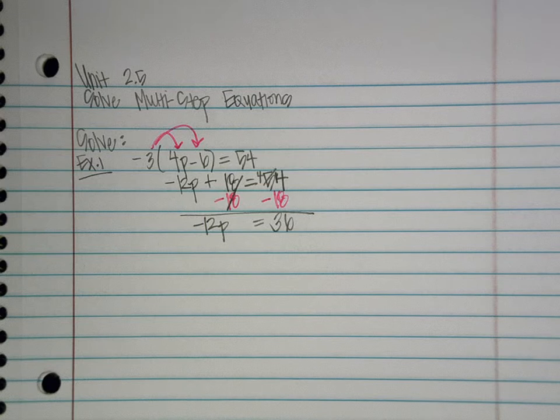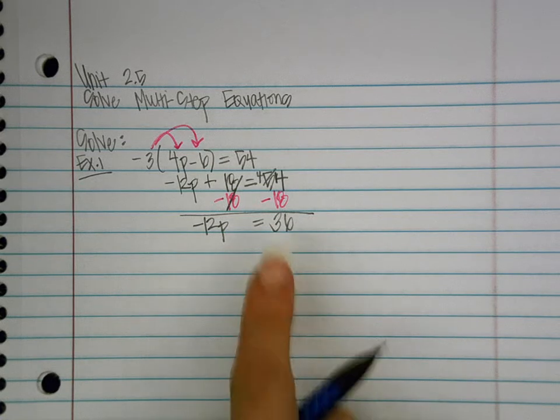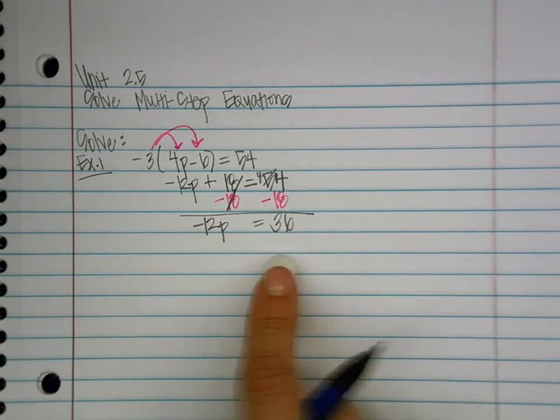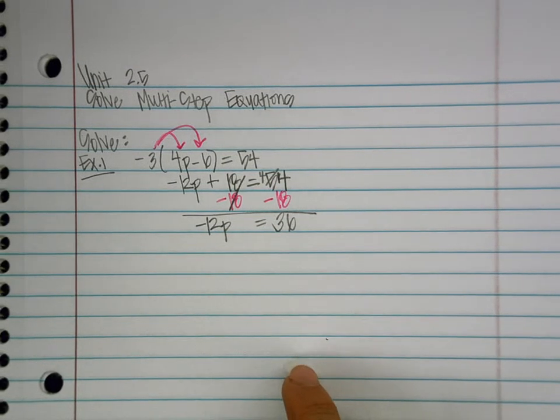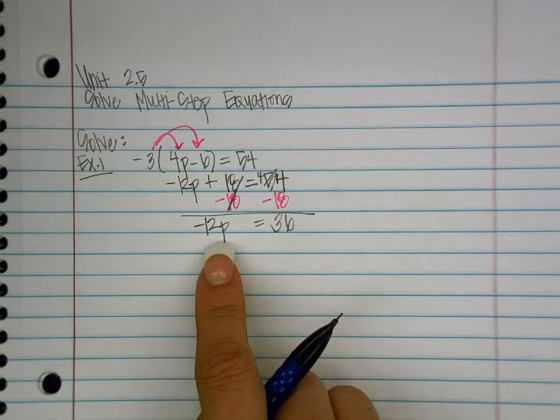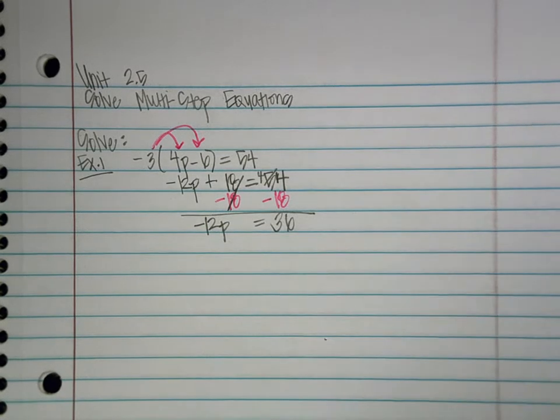Did I do that right? It's not the hard stuff that we usually make mistakes on. It's the stuff that should be really easy. We subtract 54 minus 18 to get 36. Yes. And we just keep the -12p for now. Then how do I get this one by itself? Divide it, right.